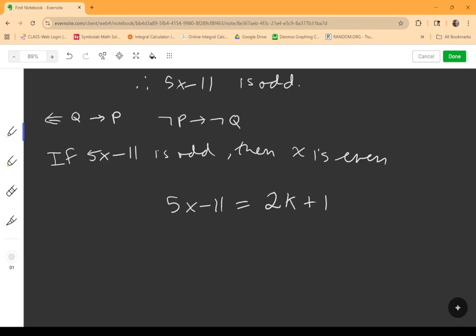Now let's look at how that affects things. Here we add 11 to both sides, and then we get 5x is equal to 2k plus 12.